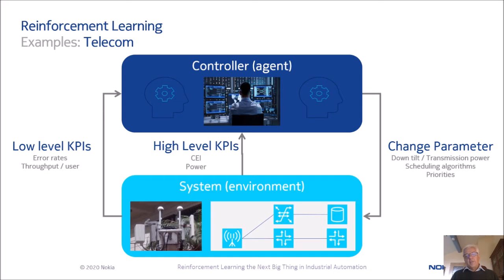You can even change the coverage area of such a mobile radio cell so that you have more or fewer users in it. This is all done to optimize the total behavior of the network and, last but not least, to make our customers happy. So this is the model of reinforcement learning applied to technical machinery like a telecom network.